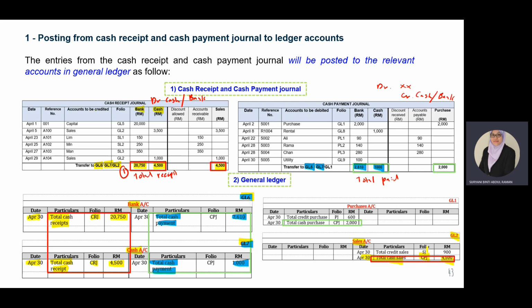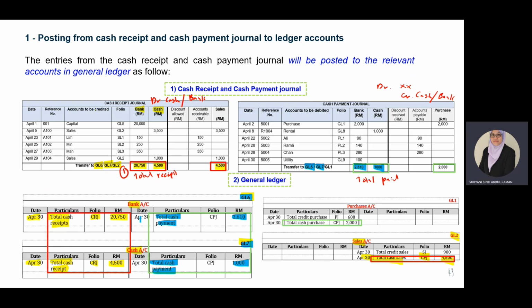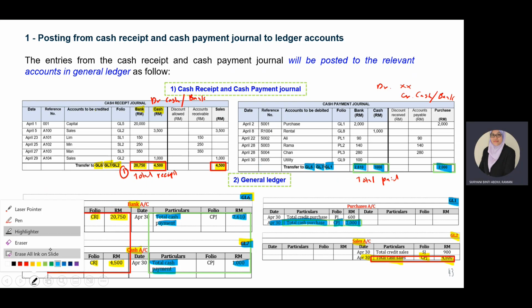Cash receipt journal, CRJ. Okay, next is the amount of purchases made by cash. So you have 2,000. This is to be recorded in GL1. So go to GL1. We already opened the purchases account. What you need to do is record the total cash purchase. So April 30, total cash purchase, 2,000. Cash payment journal. Okay, so we're done with this one, but we do have other transactions.